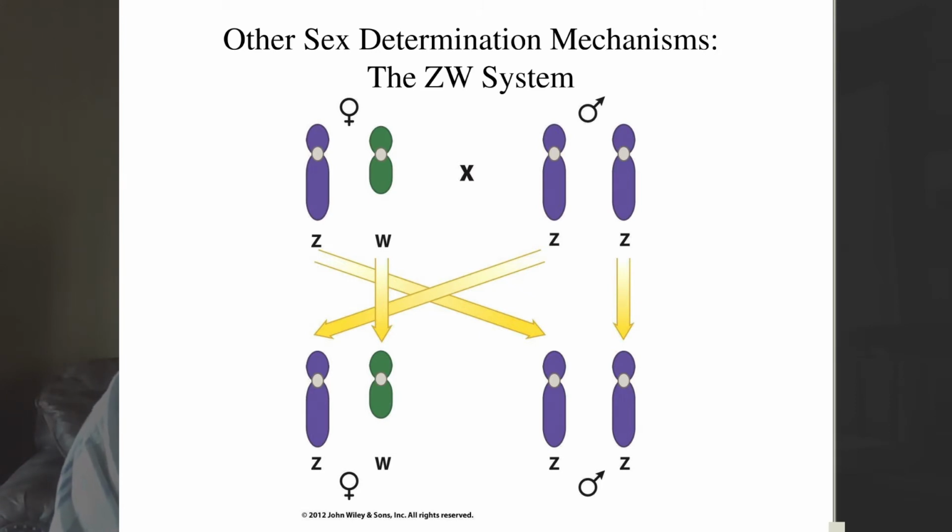So in this case, what this means is, unlike in the mammalian species, where the male determines the sex of the offspring, that is by providing the Y chromosome, in birds, for example, the female determines the sex of the offspring by the contribution of either her Z or W chromosome. So it's a little bit different.